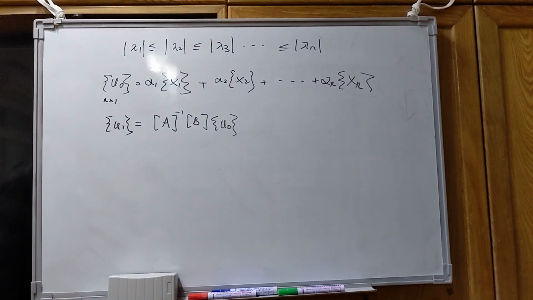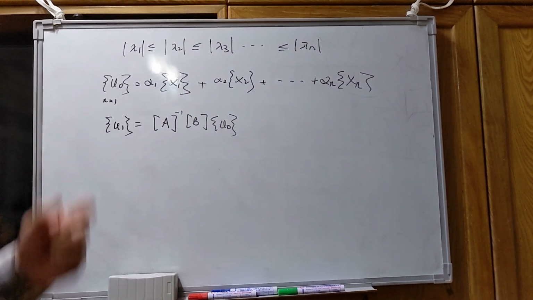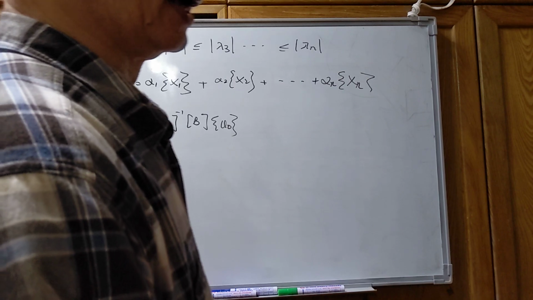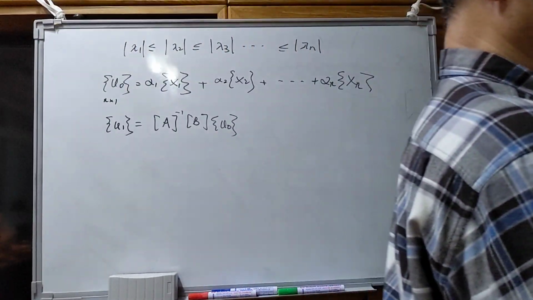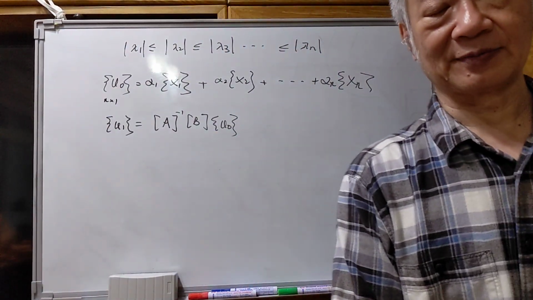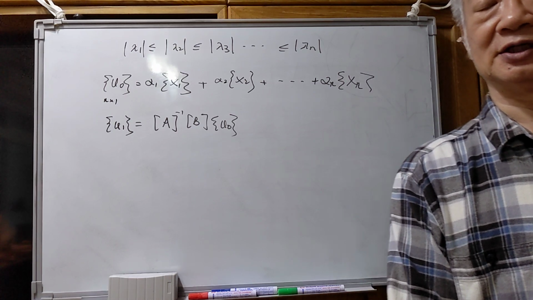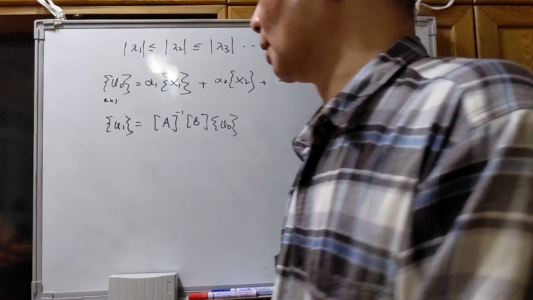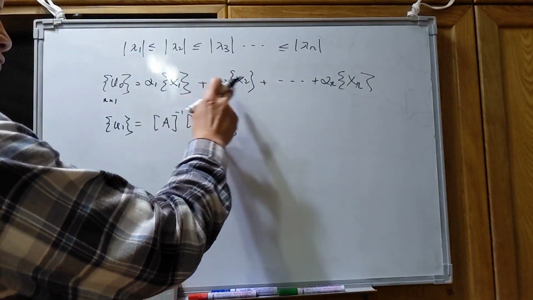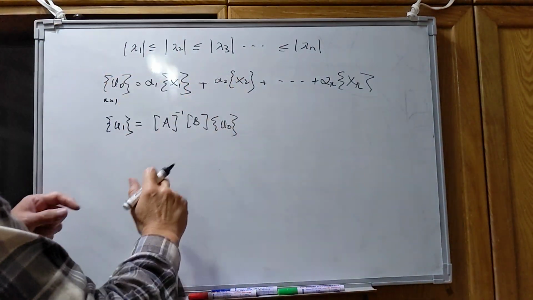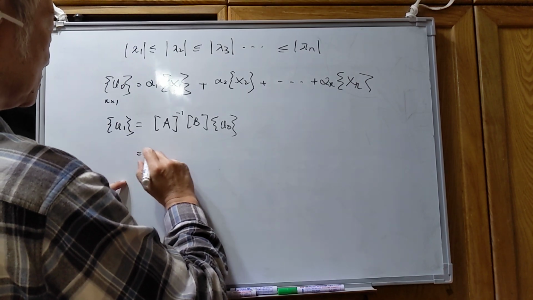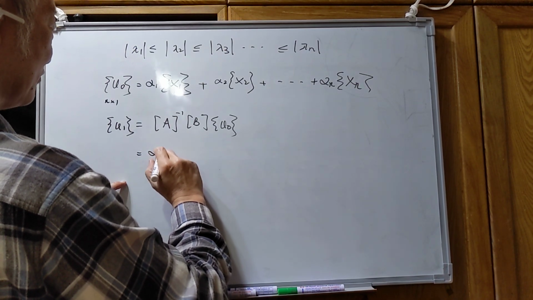Okay, we know the u1 is obtained from multiplying the A inverse B to the u0. We need to multiply the A inverse B to the u0 to get the u1. And if we change the expressions for the u0 from the previous equations, then it will be the alpha 1.